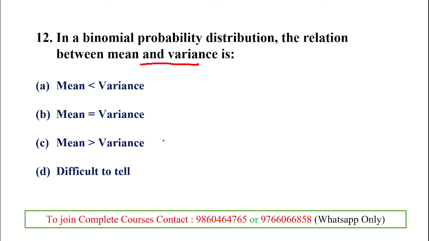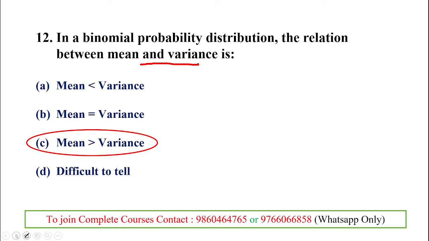In an earlier question we discussed the mean and standard deviation, and the variance is also part of the standard deviation. So here the answer is mean greater than variance. In a binomial probability distribution, the mean is greater than the variance. So the mean is above the variance.